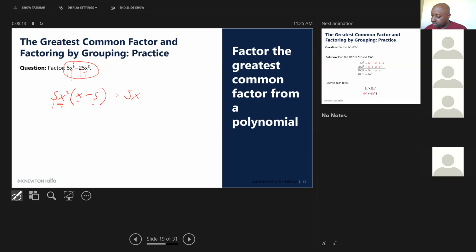So this is just 5x squared times x minus 5 when you factor 5x to the third minus 25x squared.